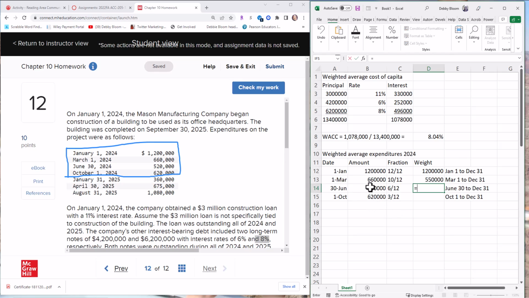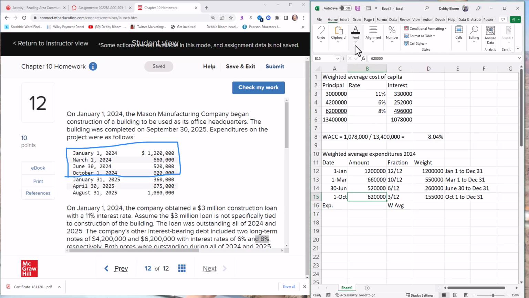I'm going to take $520,000, multiply it by 6/12, which is 1/2, so I'm going to get $260,000. And finally, $620,000 multiplied by 3 divided by 12 gives me $155,000. So I'm going to add up to get the total expenditures, and I'm going to add up to get the weighted average.